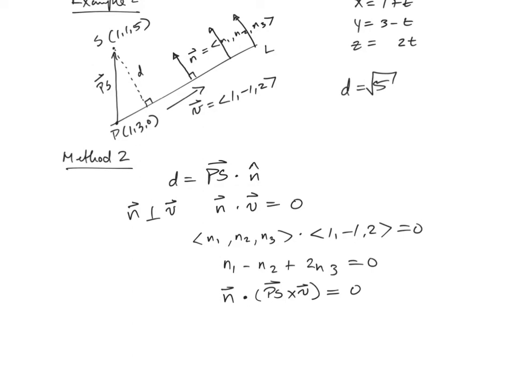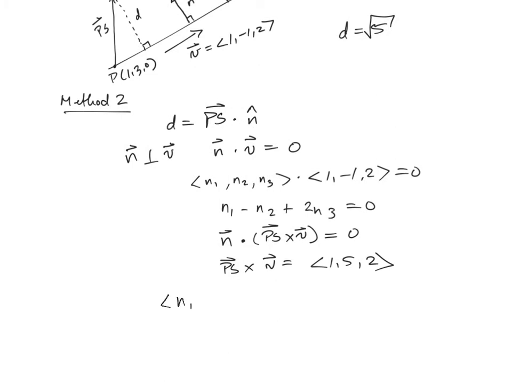Okay, you can do PS cross v simple enough. That's just a cross product. If you use the determinant method, you will quickly get 1, 5, 2. So that's the vector going right into the page, and when I take its dot product with the n that I'm looking for, that has to result in 0.